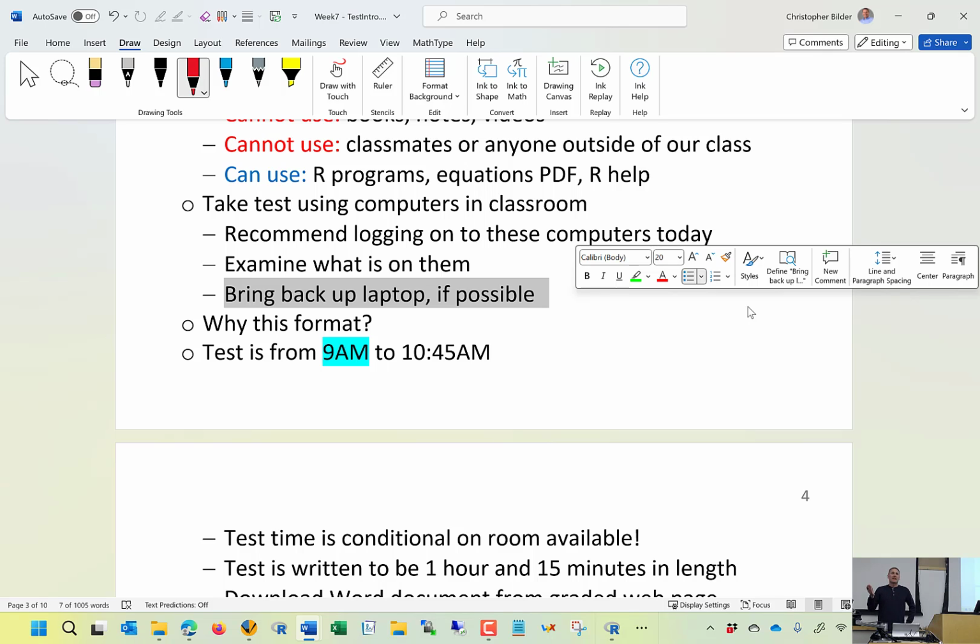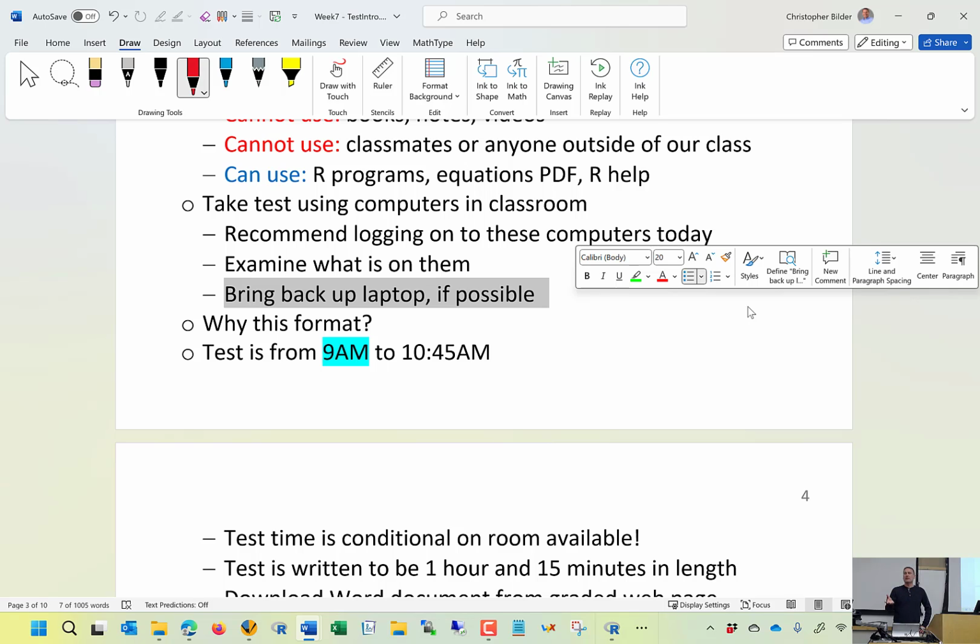But if you want, you can bring your laptop and use that only as a backup and promise me that you're not going to look at anything that you shouldn't be looking at on your laptop, like my course notes. Okay? So think of it that way. Always think of having a backup. Make sure that you're saving your exam because as I will say shortly, I'll be giving you a Word file.